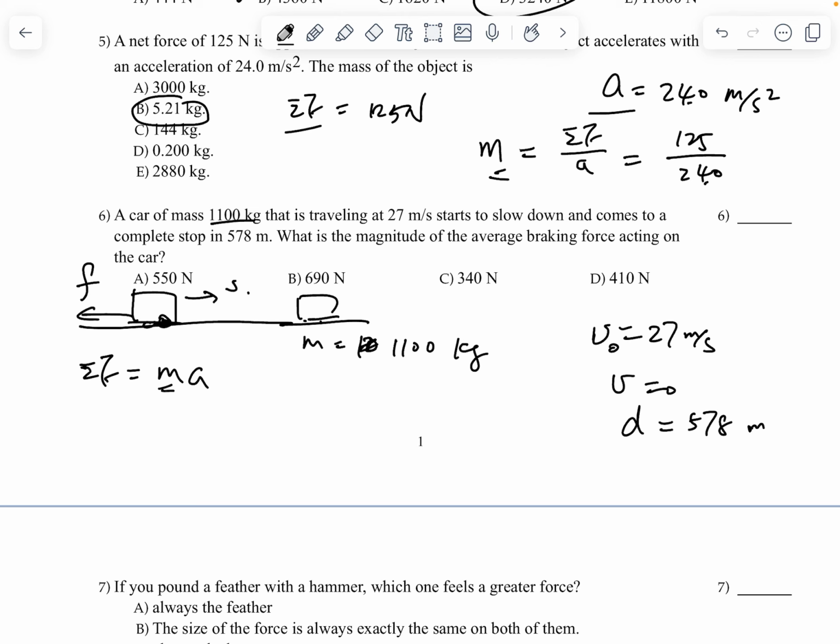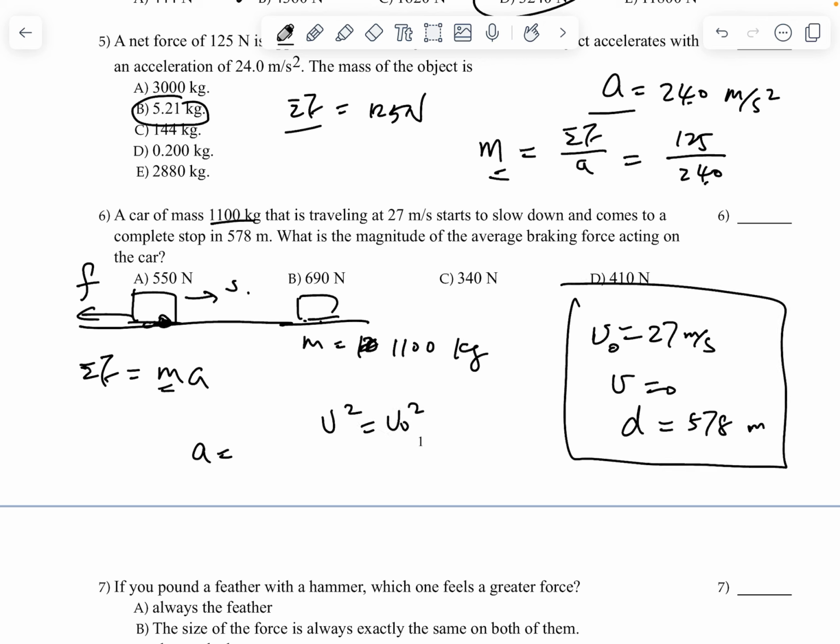So we can figure out a from the kinematic equations, right? We know v squared equals v naught squared plus 2ad, and d is basically delta x.